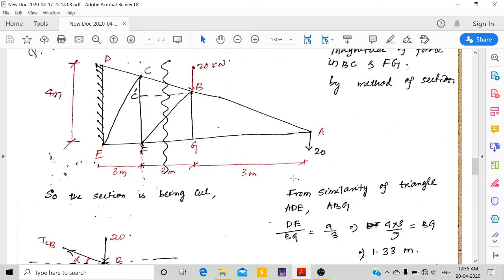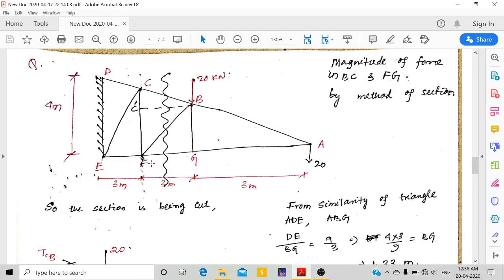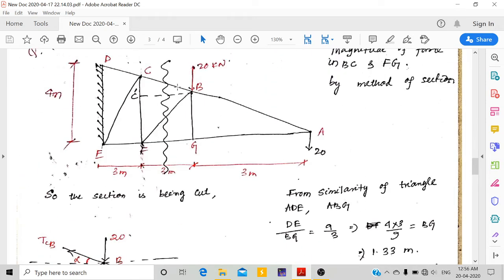BG is 1.33. Next, from similar triangles, I will calculate this. It is coming to 2.66. So I will draw a perpendicular from B to C dash. Then C to C dash is 1.33. From here to here, C dash to F is 1.33. Right? I will calculate the angle again for this small triangle.